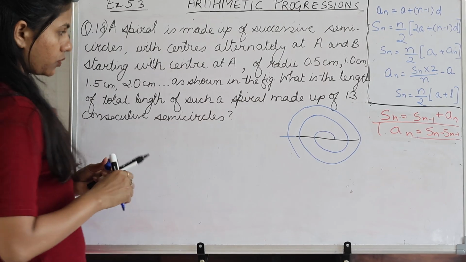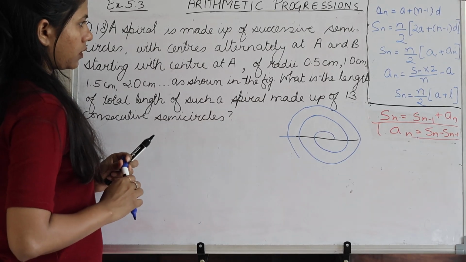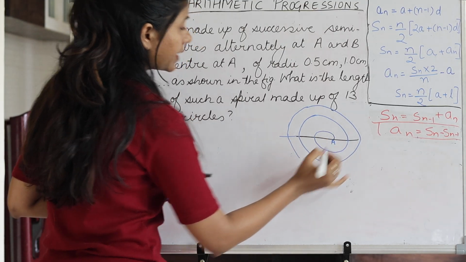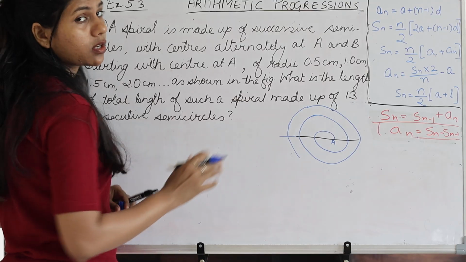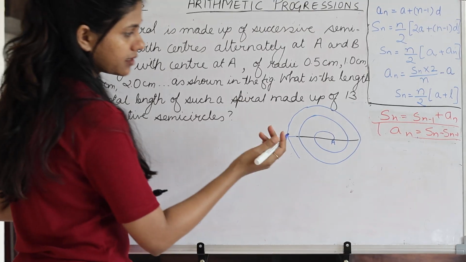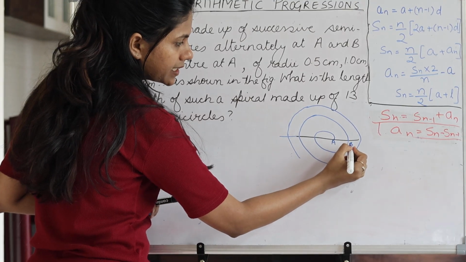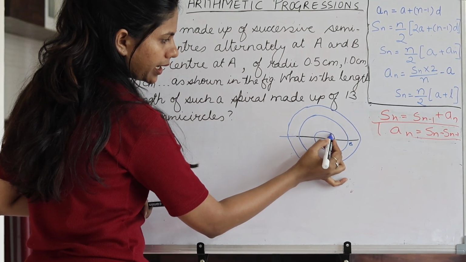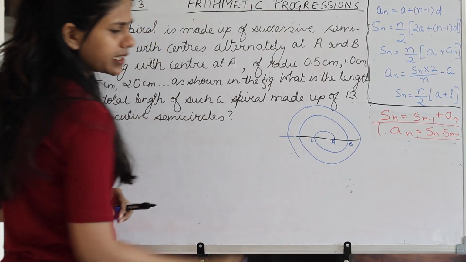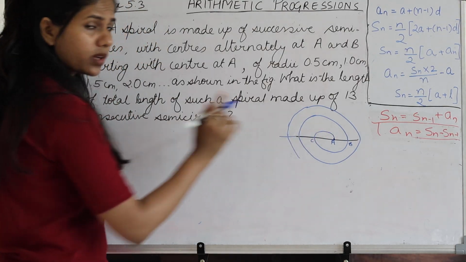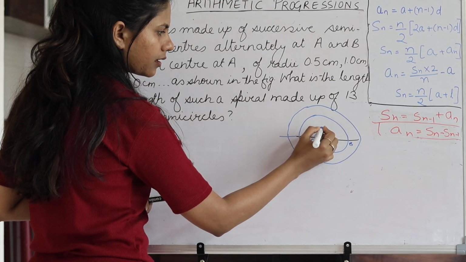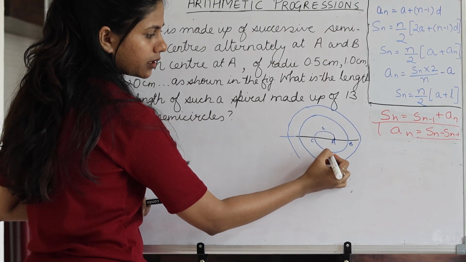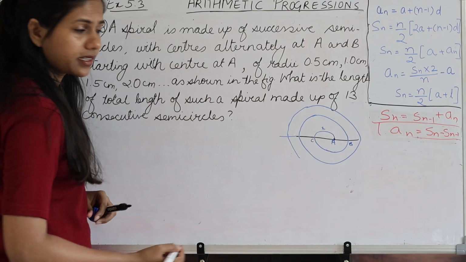Okay, so what they're saying is that there is a spiral which has consecutive semicircles. Where is the semicircle? Let's say A is the starting point. So from A till C, let's say this point is C, you can see one semicircle, right? Now C to B, if you see the radius has changed.